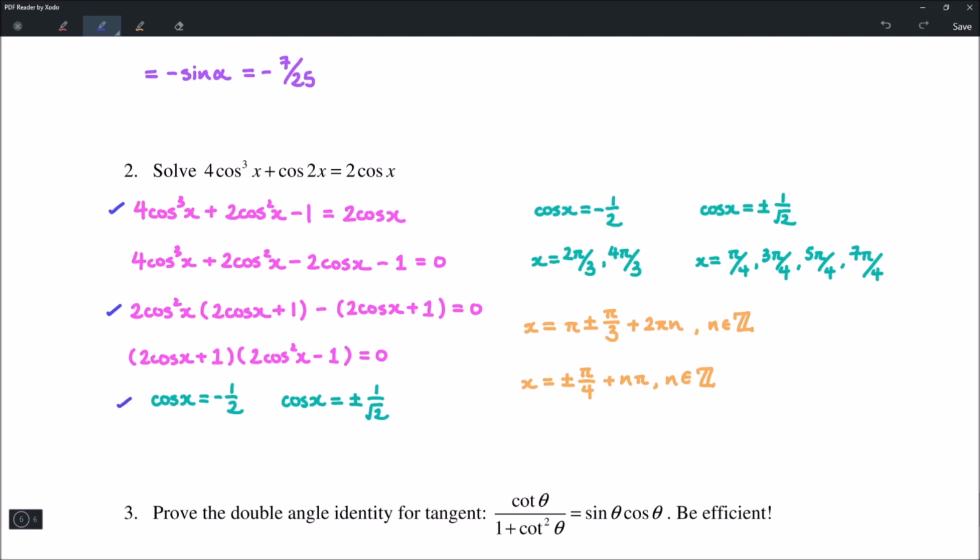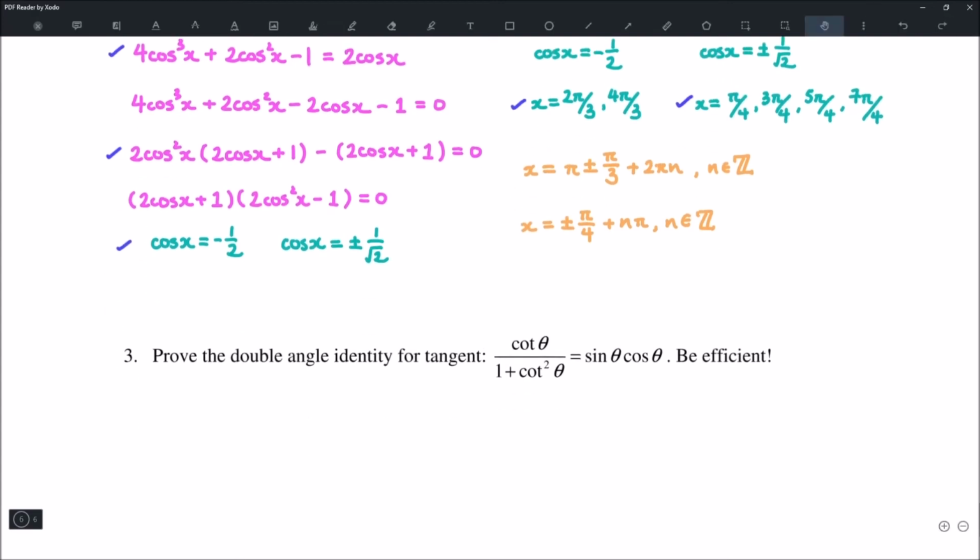Then we found the solutions for cosine x in both the first part and the second part of the equation, and each one of those give a different solution. In the first case, cosine x equal to negative 1/2 gave us these two solutions, and then of course cosine x equals to positive or negative 1 over root 2 gave us these 4 solutions, and finally we wrote those for the general domain.